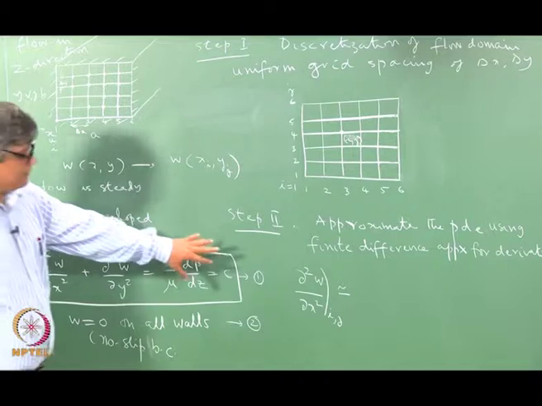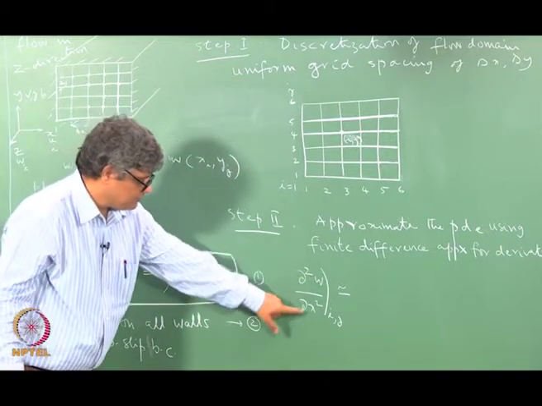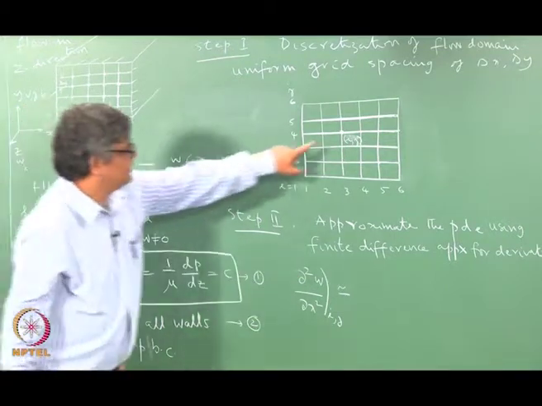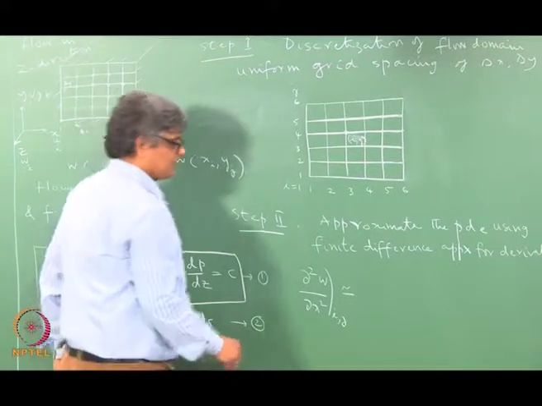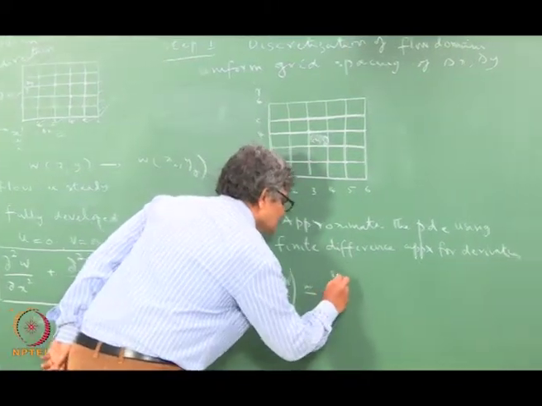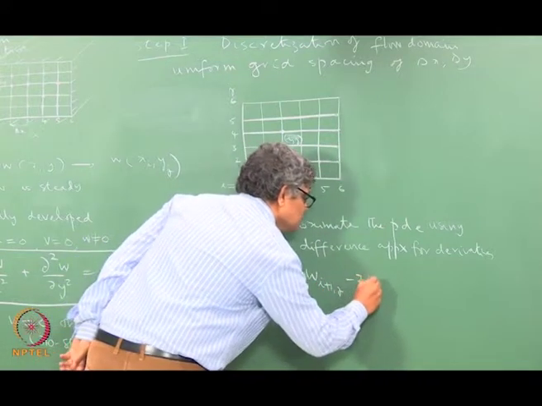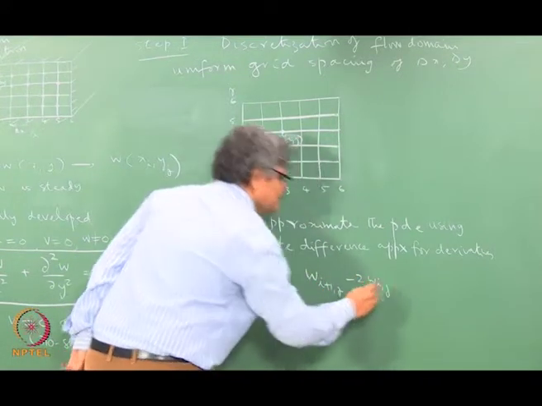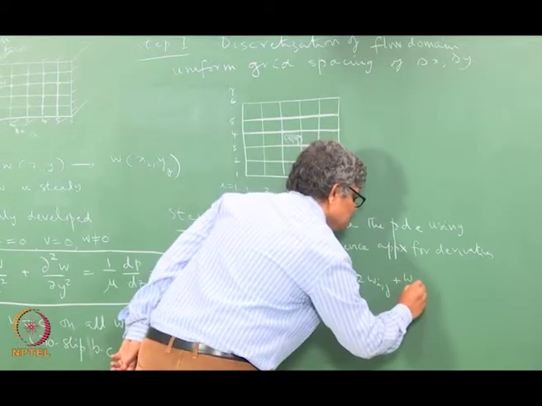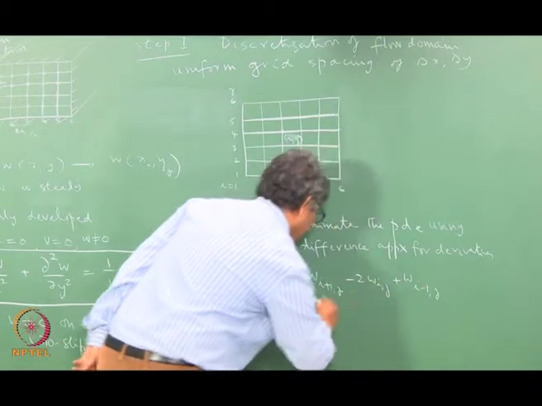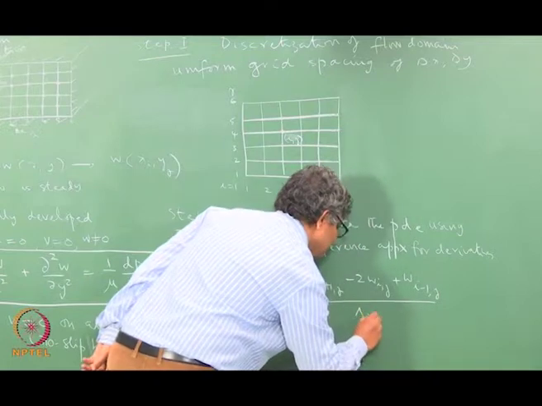Okay. So, the derivative del square W by del x square at point i, j here can be approximately written as W_(i+1, j) minus 2 W_(i, j) plus W_(i-1, j), divided by delta x square.